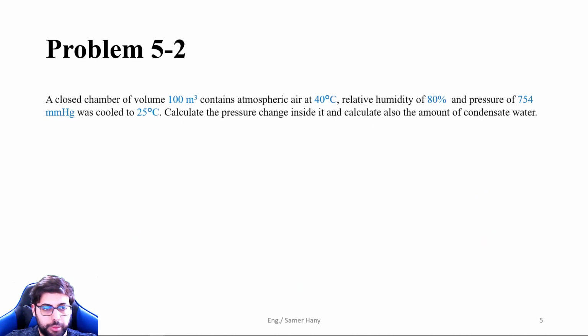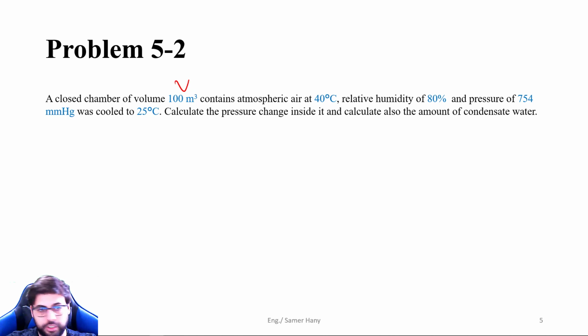All right. Let's solve a couple of problems to see how this works in action. The first problem says a closed chamber of volume 100 meter cubed contains atmospheric air at 40 degrees Celsius and a relative humidity of 80%. So percent relative humidity 1 is 80%, and the pressure, P1, is 754 millimeter mercury.